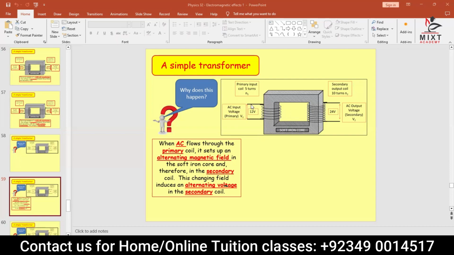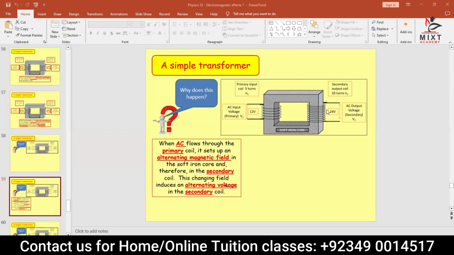So if you just pass DC through this coil, this will become a magnet, that's fine. But you will not create any rate of change of magnetic field cutting this conductor, which is the secondary coil. So in case of input DC, there will be no output. So output will be zero in case of input DC.